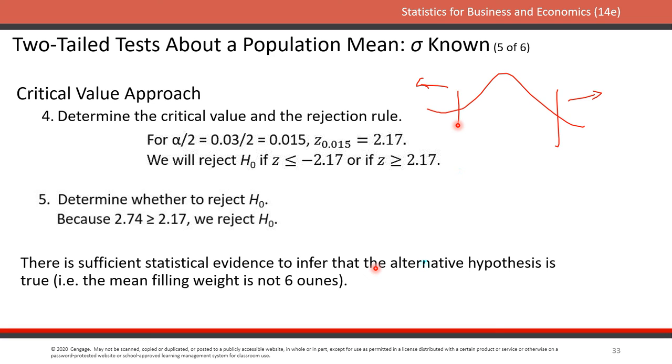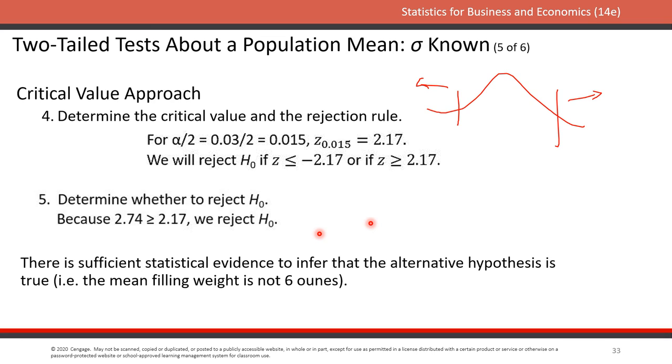In our case, we can look at the sample mean, 6.2 ounces, and say there's sufficient evidence to believe that the actual population mean is above 6 ounces. And this is important. Again, I mentioned this previously. We're using a sample to make claims about the population. This claim, so pause, put down your cell phone, whatever you got to do, is not that the sample mean is different than 6 ounces.